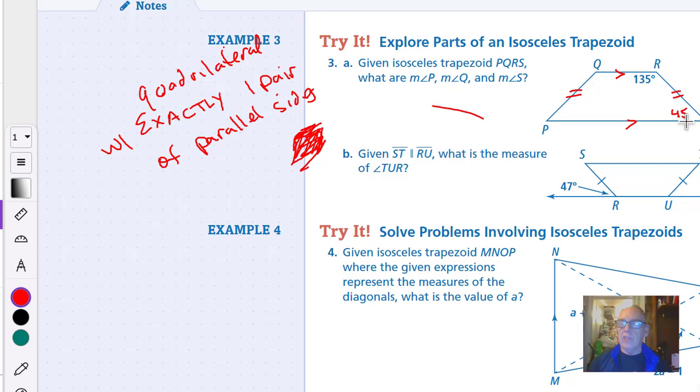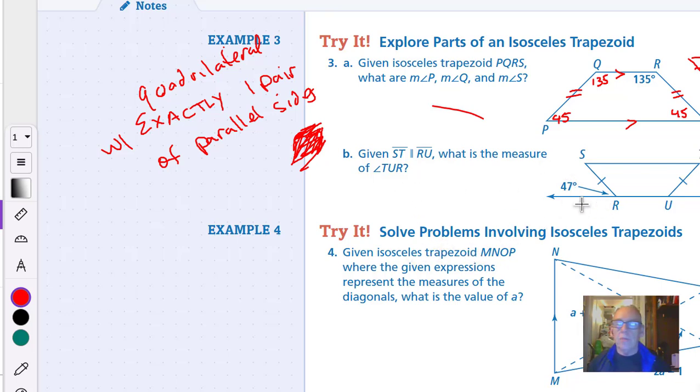And if it's an isosceles trapezoid with congruent sides, we call these base angles, and they are congruent. So if it's flipped around this way, these are base angles, they're congruent, 45 degrees. If it was flipped upside down like this, then this 135 and this 135 would be the base angles, and angle Q and angle R both have to be 135 degrees.